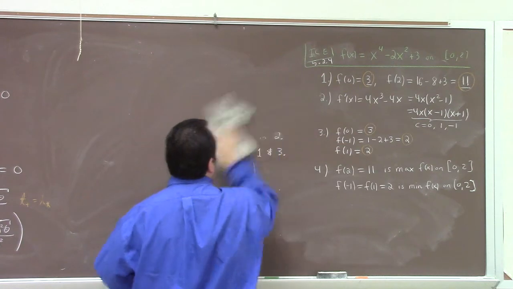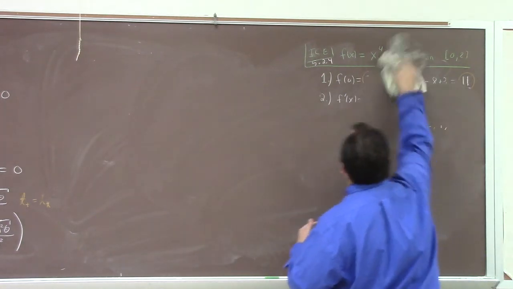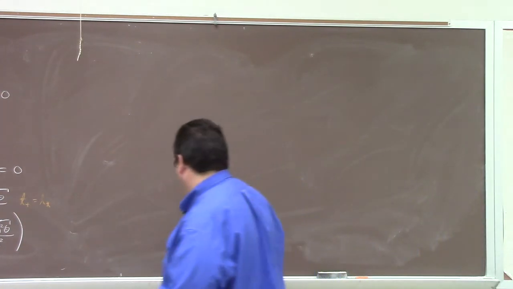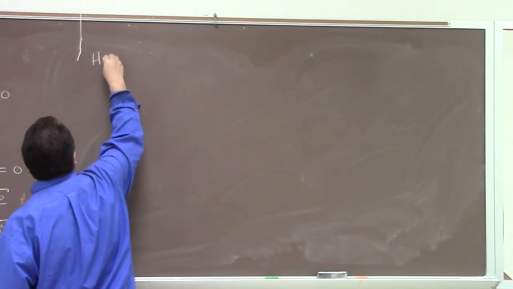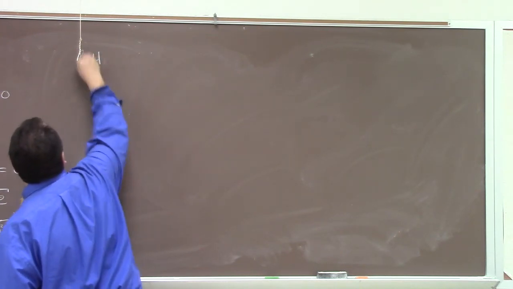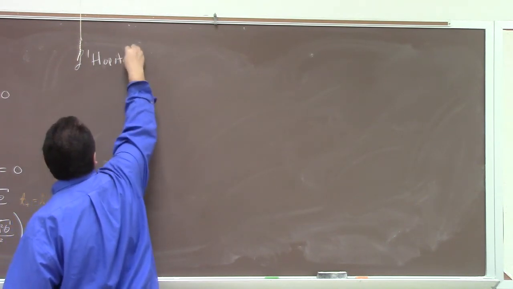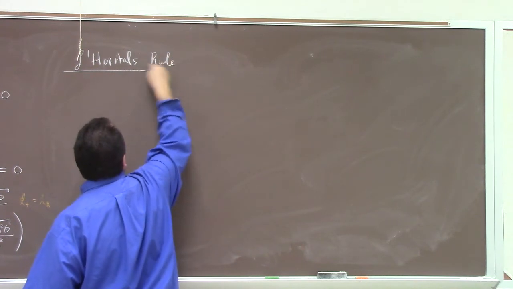And the final topic for today is what's called L'Hopital's rule, which looks like the hospital rule. And I don't seem to find any consensus on the spelling of this, so I'm just going to write it like I pronounce it, L'Hopital's rule. And L'Hopital's rule says the following.